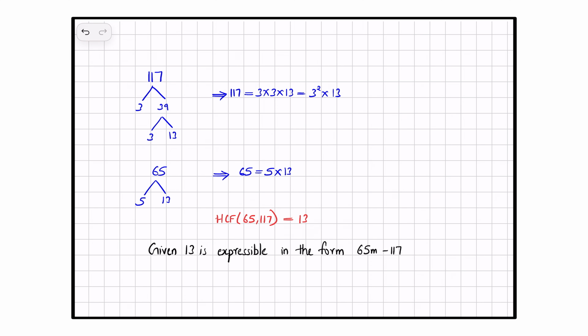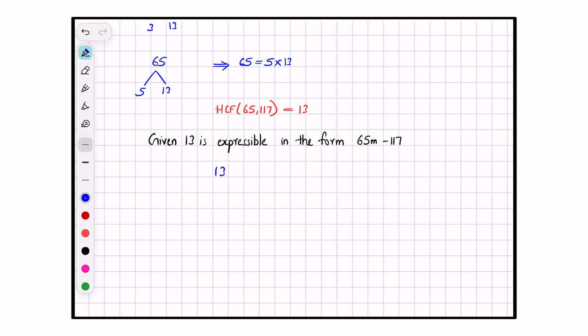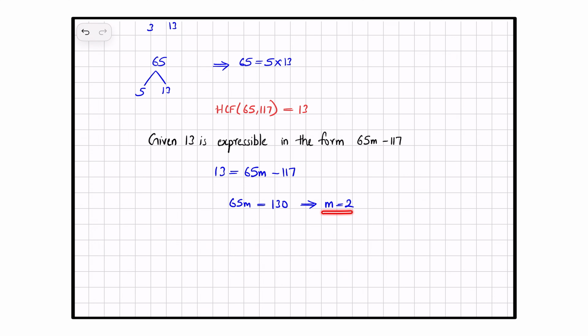Let us do that. 13 is equal to 65m minus 117, or 65m equal to 130, which implies m is 2. So the answer is m equal to 2.